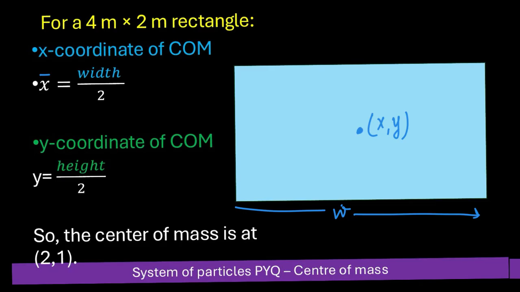Let us call that x bar and y bar. So the x bar will be equal to width by 2 and y bar will be equal to height by 2. Okay. So if the width is equal to 4 and height is equal to 2, then the coordinate here for center of mass would be width by 2, which is 4 by 2, equal to 2, and height by 2, which is 2 by 2, equal to 1. So 2 comma 1. Okay, I hope that makes sense. Or maybe like this.